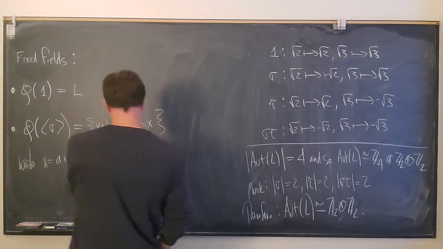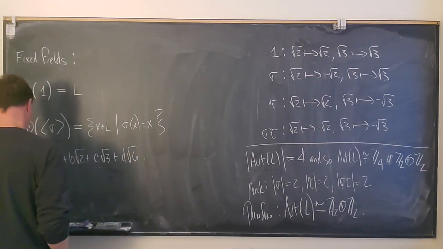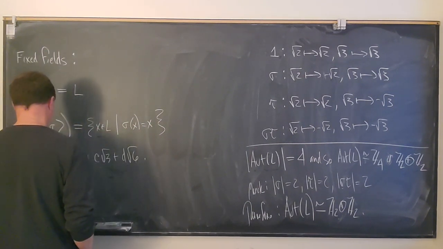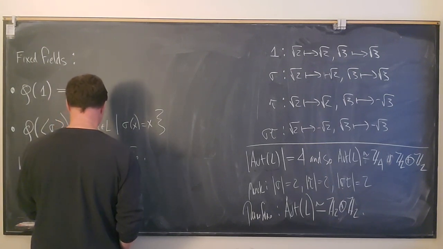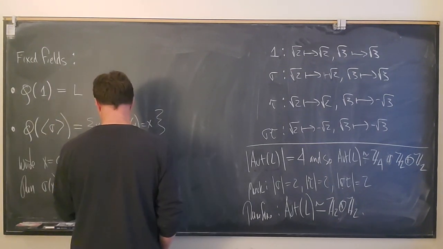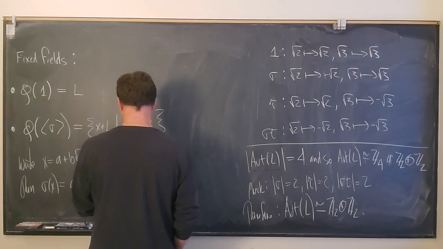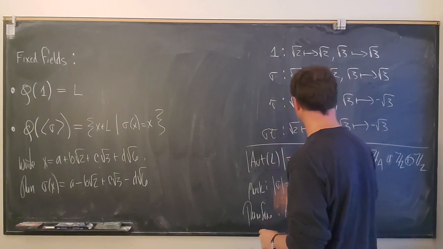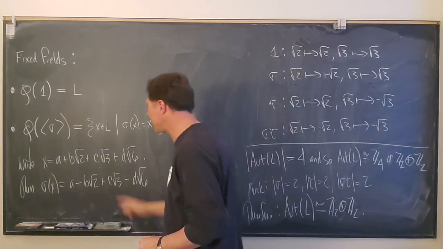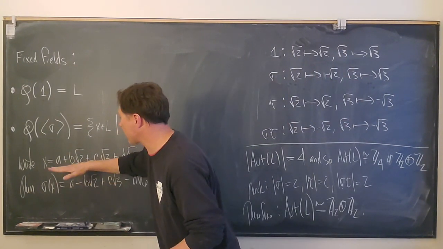So then sigma of x, okay, so how will that work? It'll be a minus b root 2 plus c root 3 minus d root 6, just using the formula for sigma. And we need this to match this.